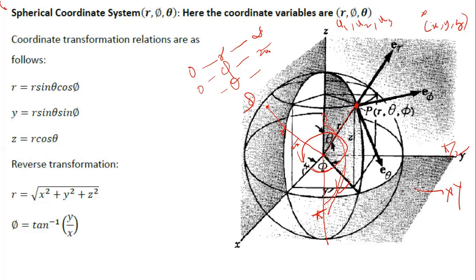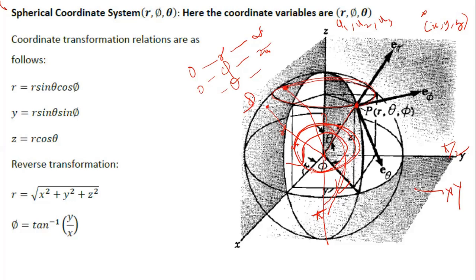Now, if you vary your phi around this circle, you are moving this point along this circle. So even for a particular theta value, if you vary your phi up to this point, you are able to locate it.